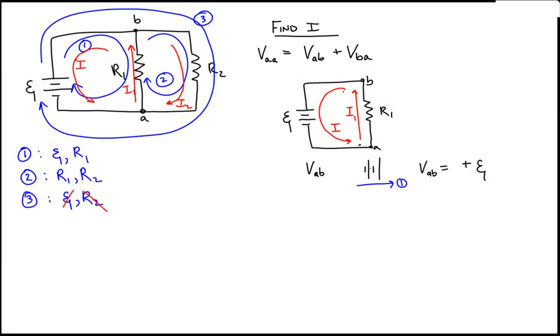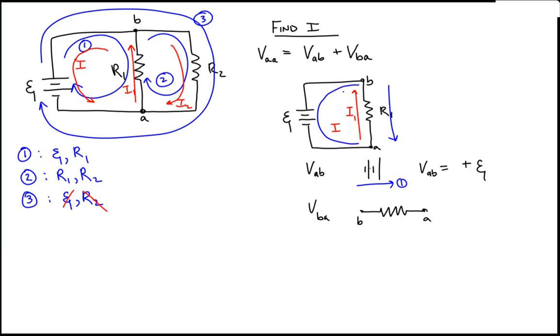So we made our way across the battery. That was A to B. Now we have to go across resistor 1. In going across resistor 1, that is the potential from B to A. And I'll just indicate our resistor, point B, point A.